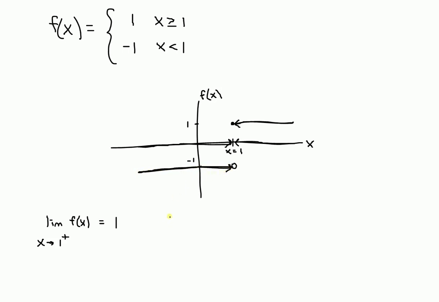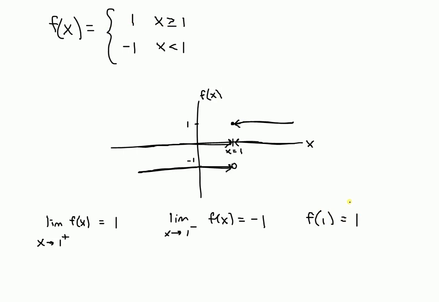The way to write that is the limit as x approaches 1 from the left of f of x is equal to negative 1. And then, for fun, what is the value of f of x at x equals 1? Well, that's f of 1. And from the definition of this function, we know that at 1, f of x is equal to 1.